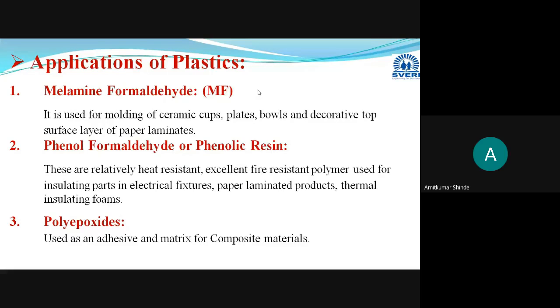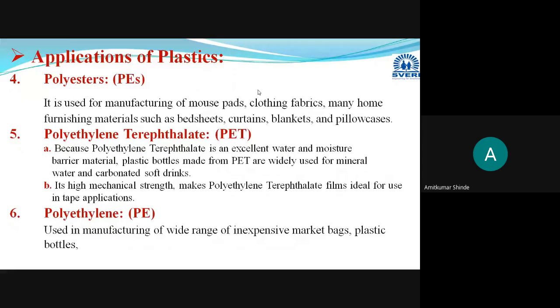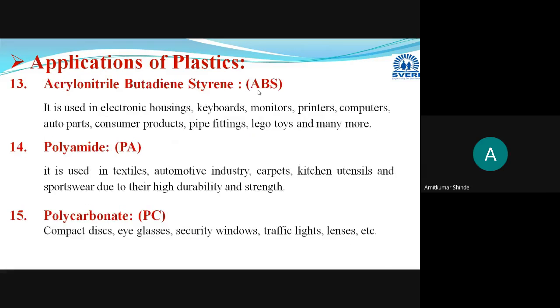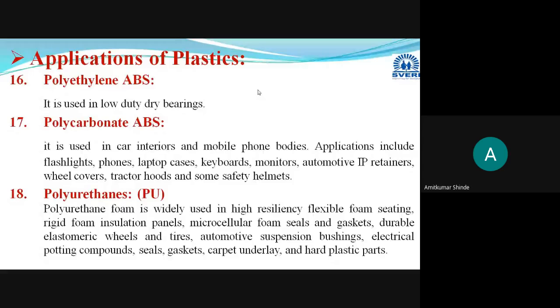After that, we discussed the various applications of plastic materials: melamine formaldehyde, phenol formaldehyde, polyethylene, polypropylene, polyethylene terephthalate, HDPE that is high density polyethylene, PVC that is polyvinyl chloride, ABS that is acrylonitrile butadiene styrene, then polyamides, polycarbonates, polyurethanes. Different plastic materials along with their applications we have discussed here, and we have taken some MCQ multiple choice questions also.